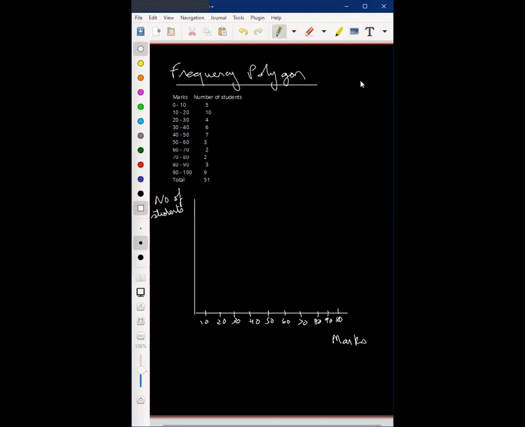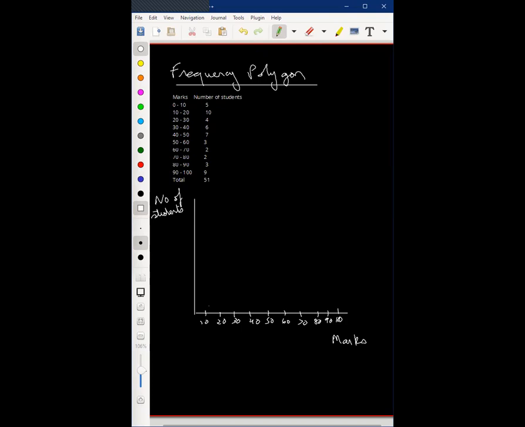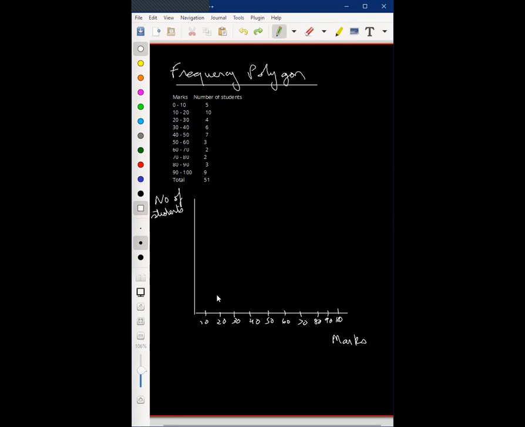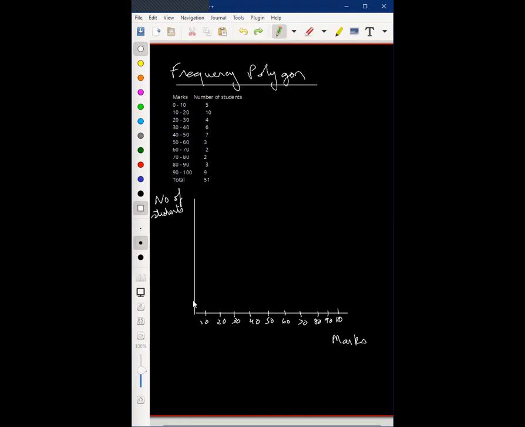So what would we do? The first one would be 5 students. So on the y-axis we have 2, 4, 6, 8, 10, 12, 14.